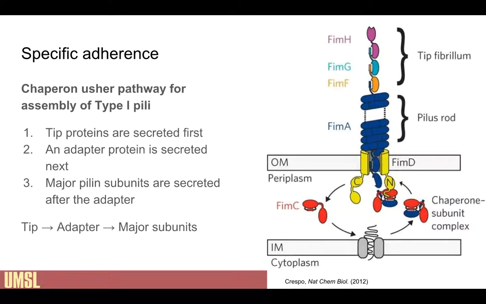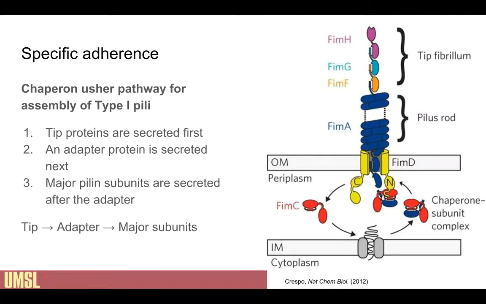And the way that this particular type of pilus works is that it is assembled on the outer membrane of gram-negative bacteria that make type 1 pili. And what happens is that these proteins that ultimately end up as this pilus are secreted by the Sec system.